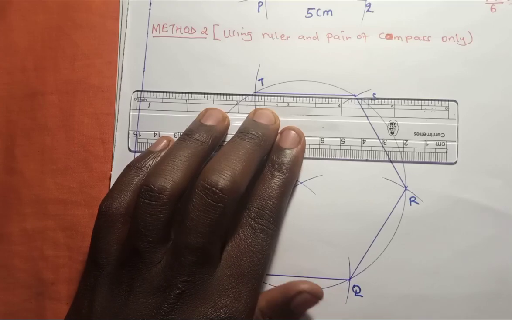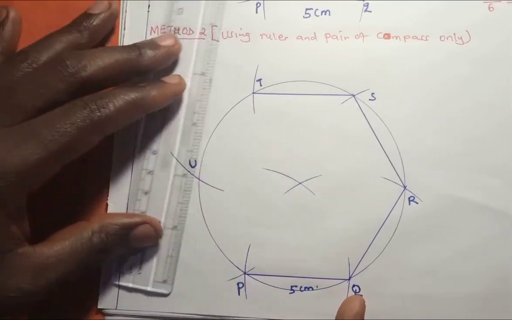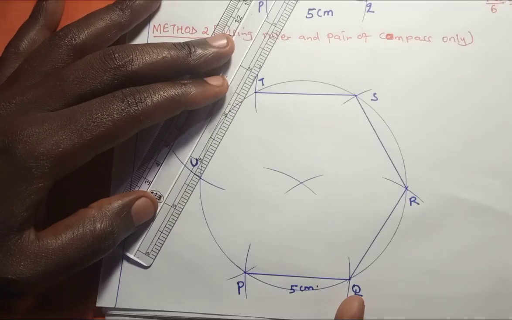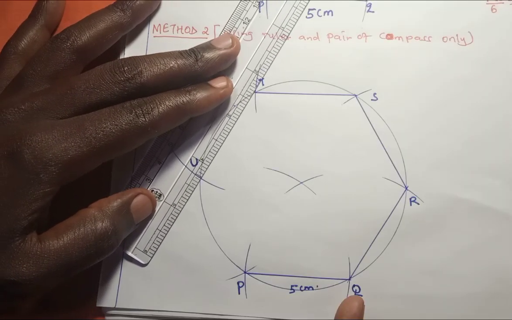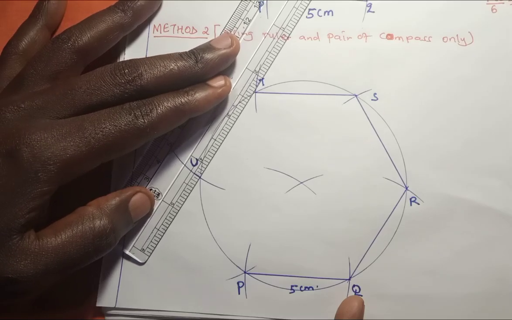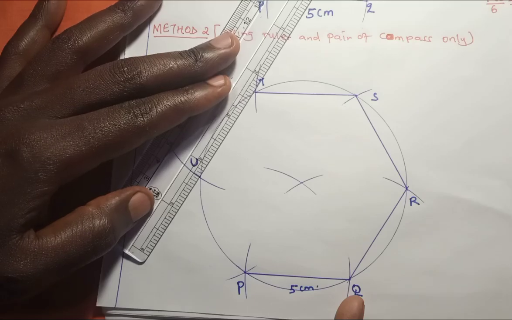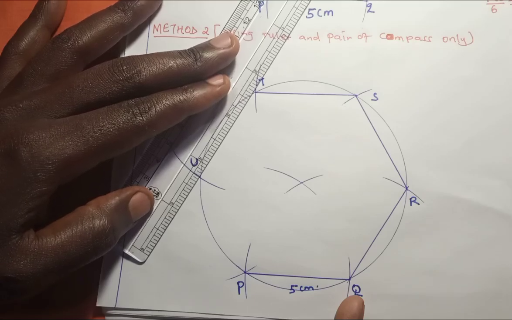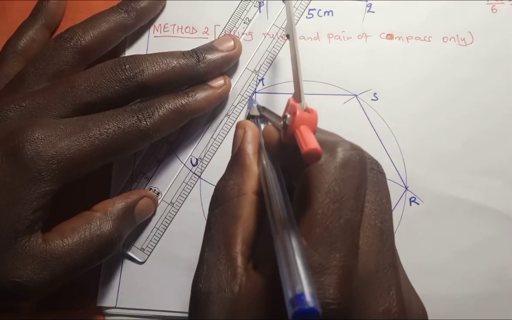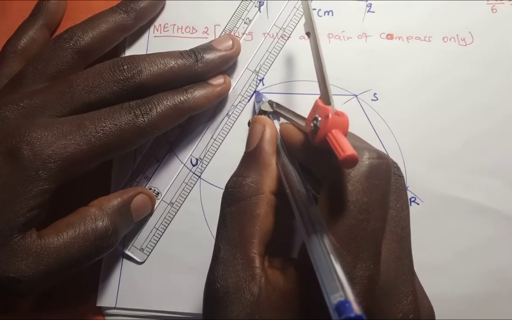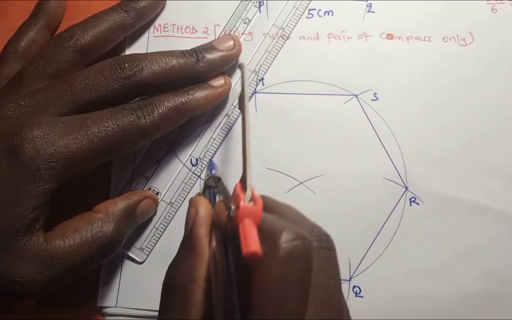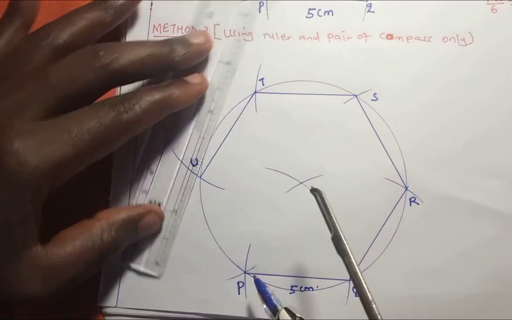Just like that. The next two points we want to join are point T to point U. Just like that.